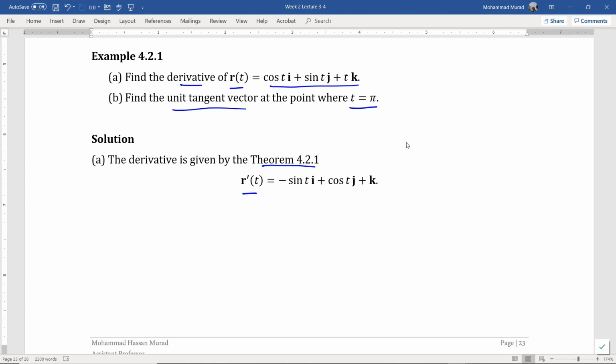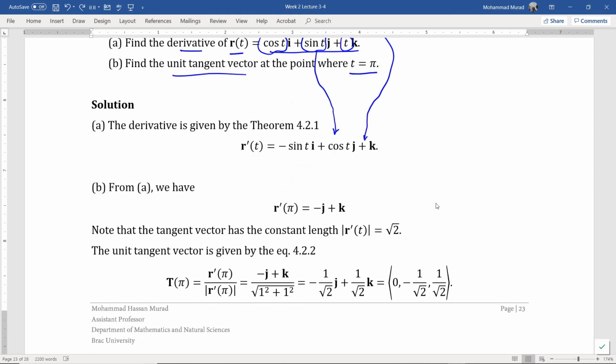Namely, the cosine t here would be replaced by its derivative, negative sine of t, and sine of t here would be replaced by cosine of t, and t would become simply 1. So r prime of t is equal to negative sine of t i plus cosine of t j plus the k vector.